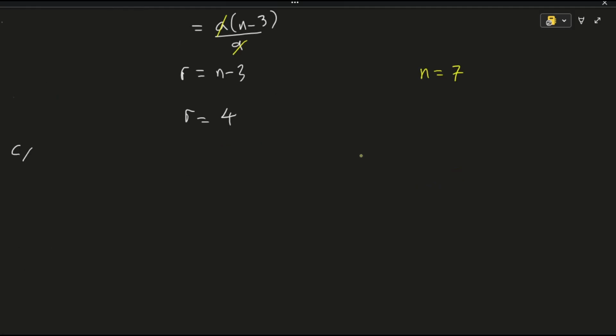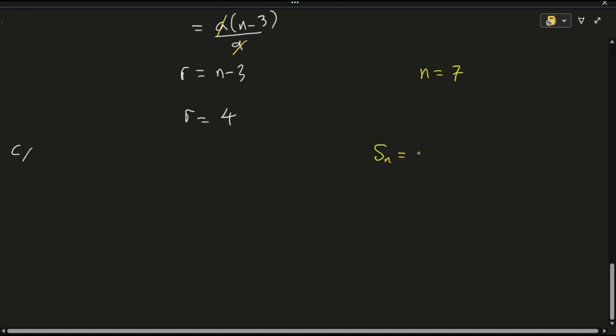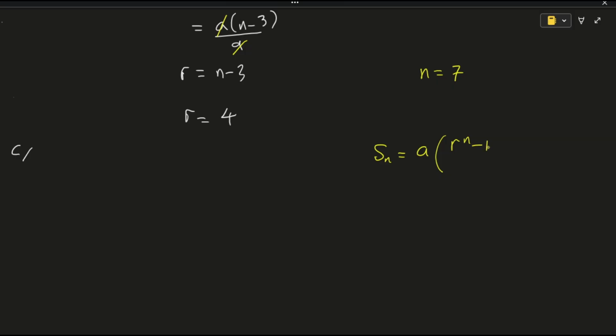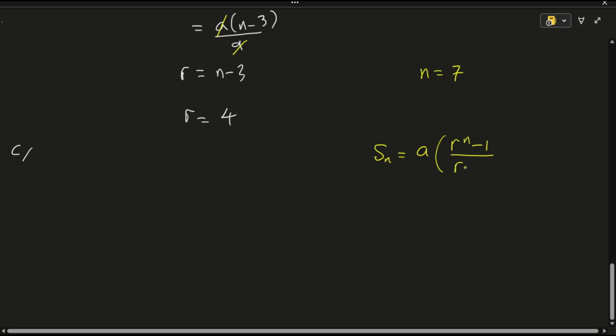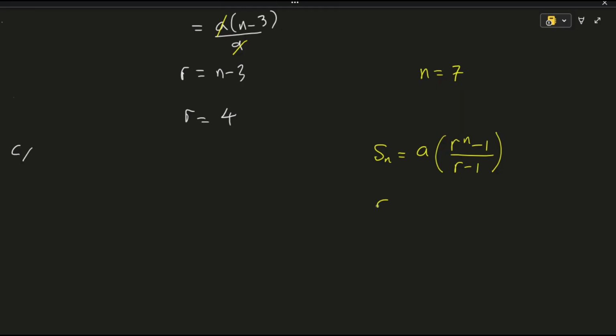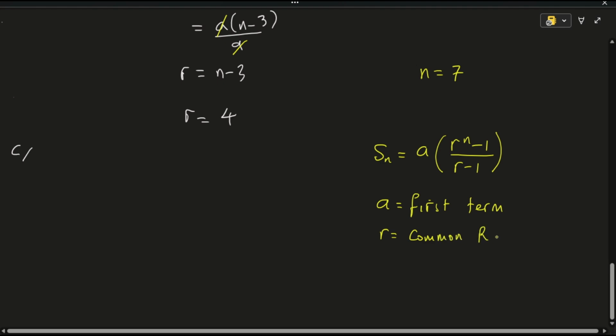For an exponential sequence, the formula for determining the sum of the first n terms is given by S n equals A into brackets r to the n minus 1 over r minus 1, where A is the first term of the sequence, r is the common ratio, and n is the number of terms.